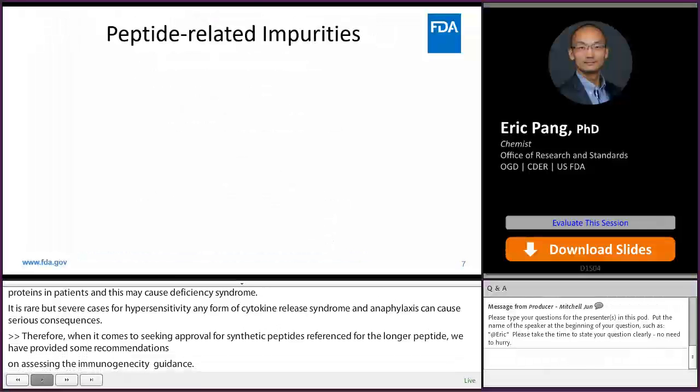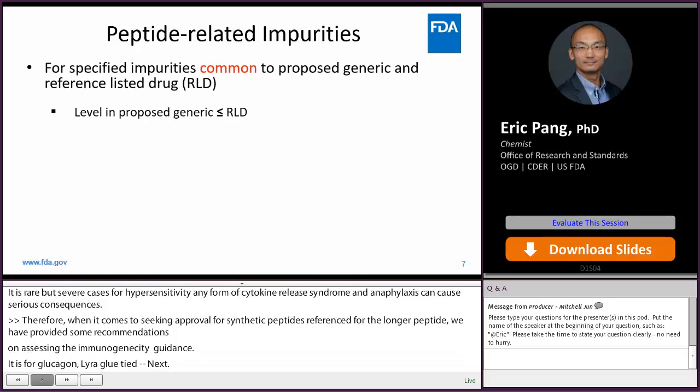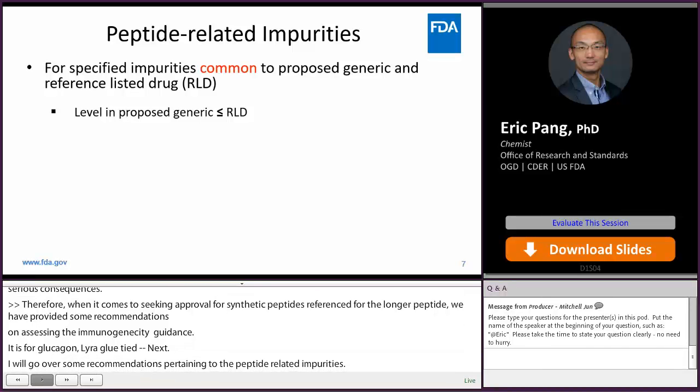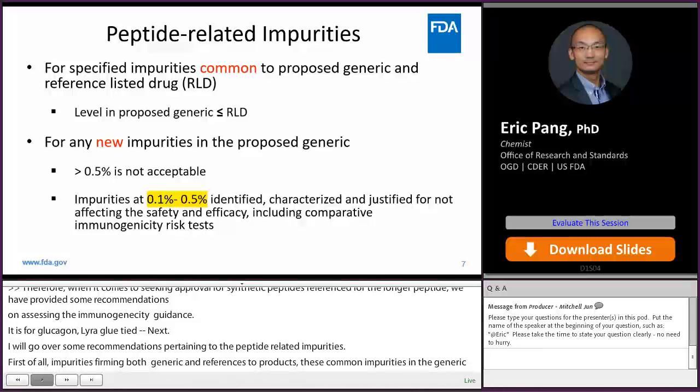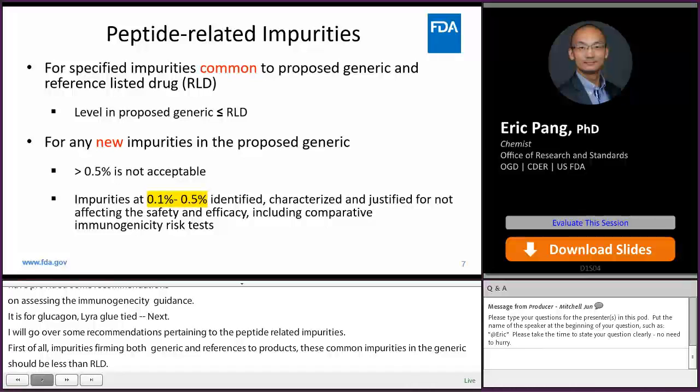Next, I would like to go over some recommendations pertaining to the peptide-related impurities. First of all, for the impurities found in both generic and RLD products, these common impurities in the generic should be less than in the RLD. For any new impurities that are found only in the generic and not in the RLD, we will refer to these as new impurities, and the acceptable limit for these should be no more than 0.5%.